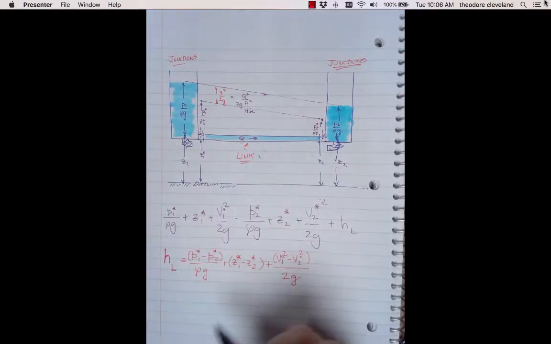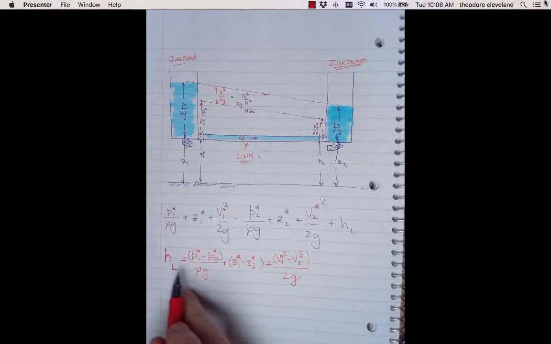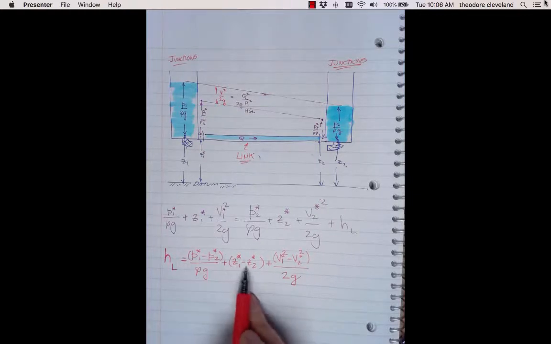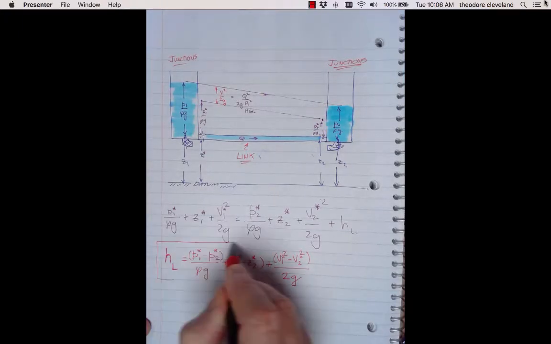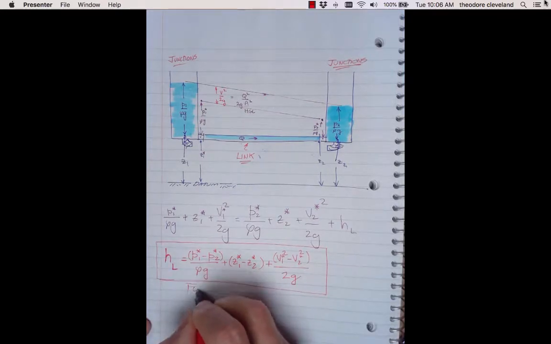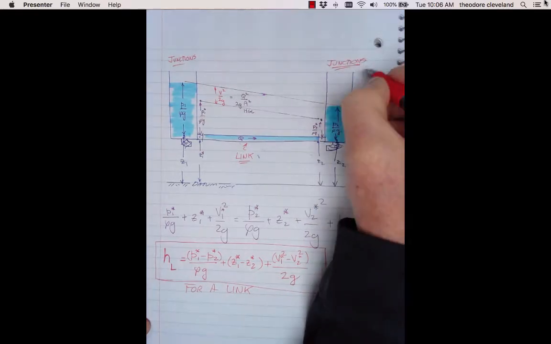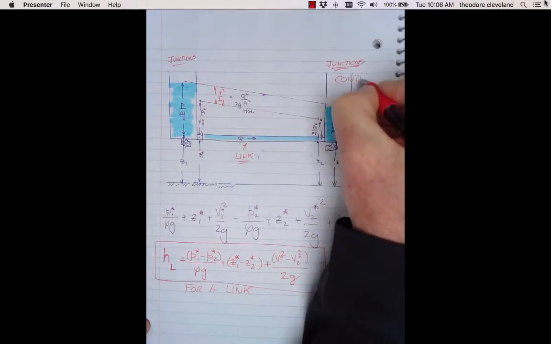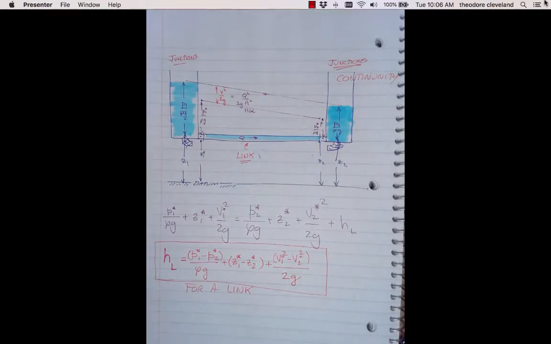If it's constant diameter pipe, these velocities will probably be the same, and so the head loss will simply relate the difference in pressures and the difference in elevations to one another. Okay, so we'll have head loss equations for a link. And for junctions, we'll have continuity. And this will matter fairly heavily when we get to pipeline network analysis.